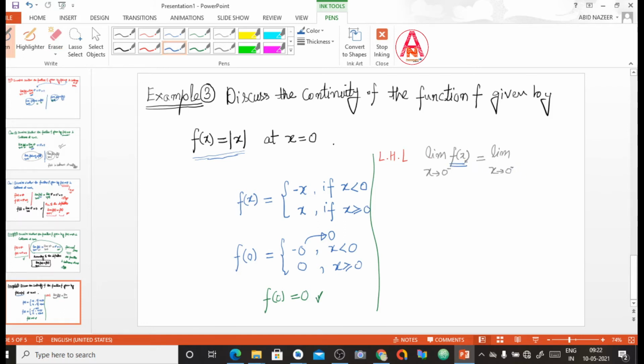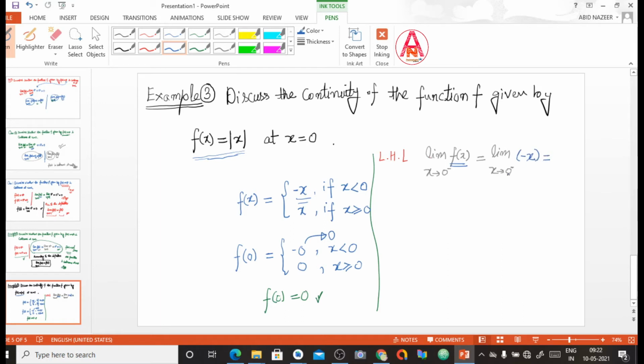Because we are trying to find the left hand limit, the function value is going to be -x.